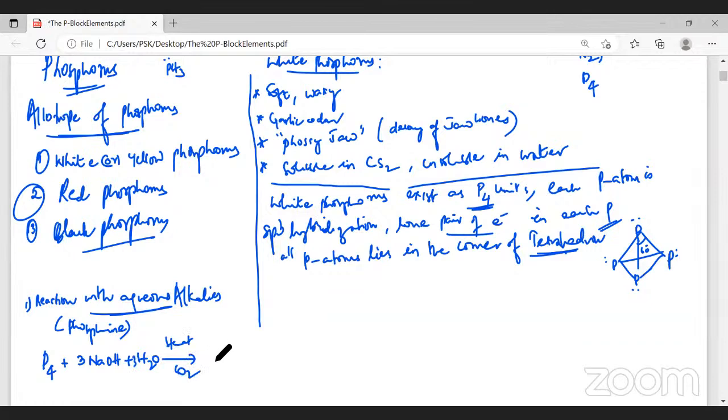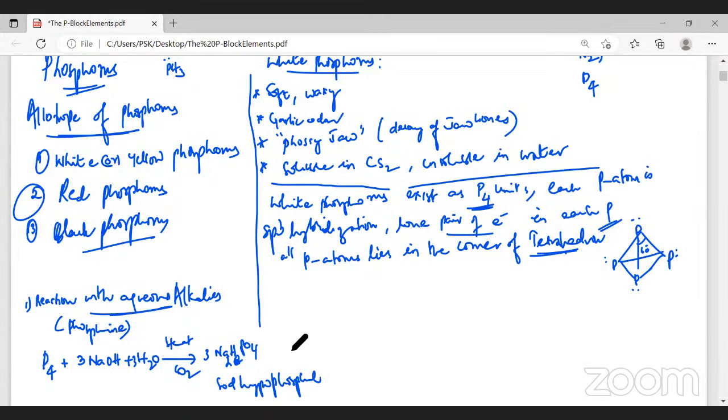Its formula is NaH2PO2. Disodium hydrogen phosphate is also formed. This is a byproduct.